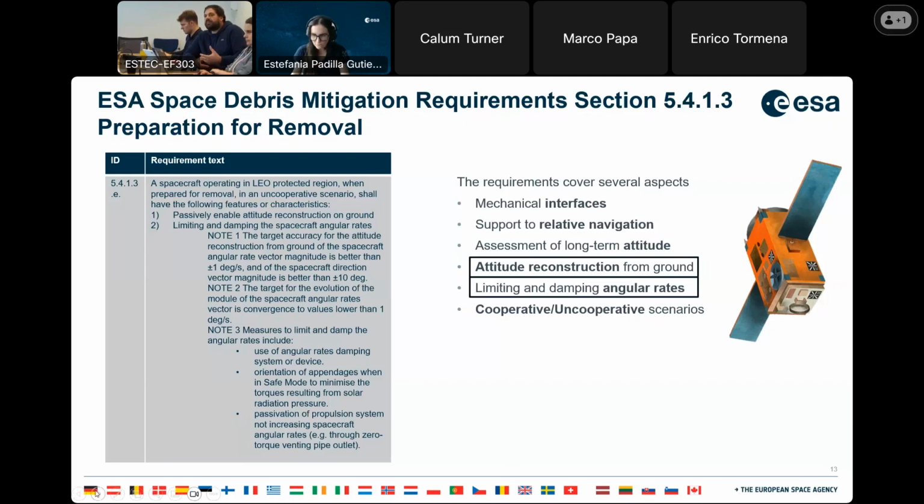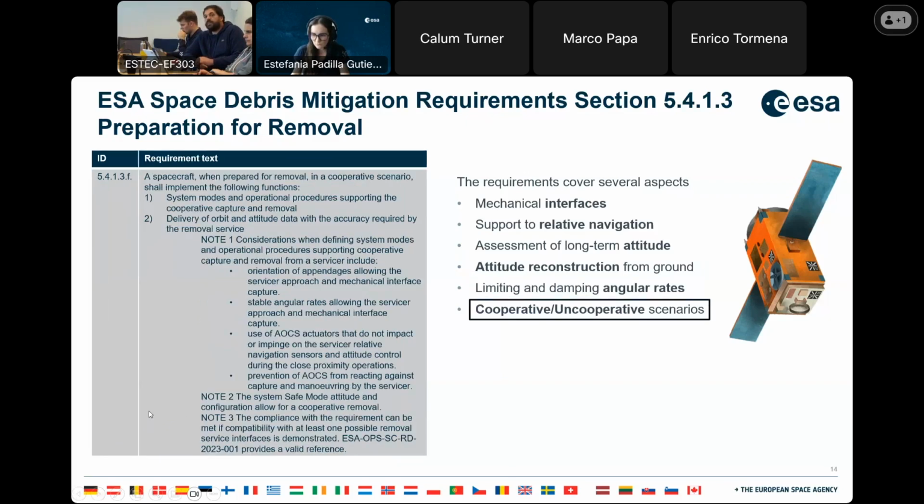For what regards the last point, that is the cooperative and uncooperative scenario, the document is directly considering this case, and what would be important to highlight is not only the difference between the cooperative and uncooperative scenario, but what are the implications in the cooperative scenario.